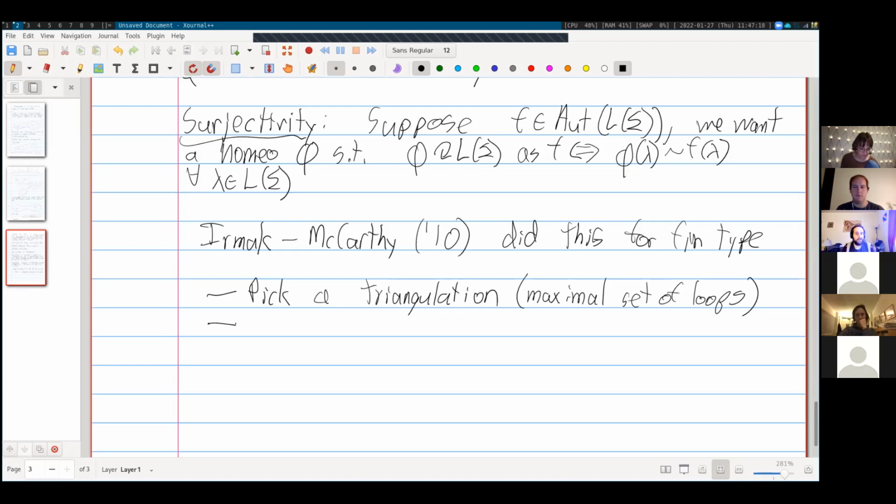If you have a more complicated surface with a puncture in it, you can always draw a non-null-homotopic loop from the puncture to itself that cuts the surface into smaller pieces until you get down to triangles.